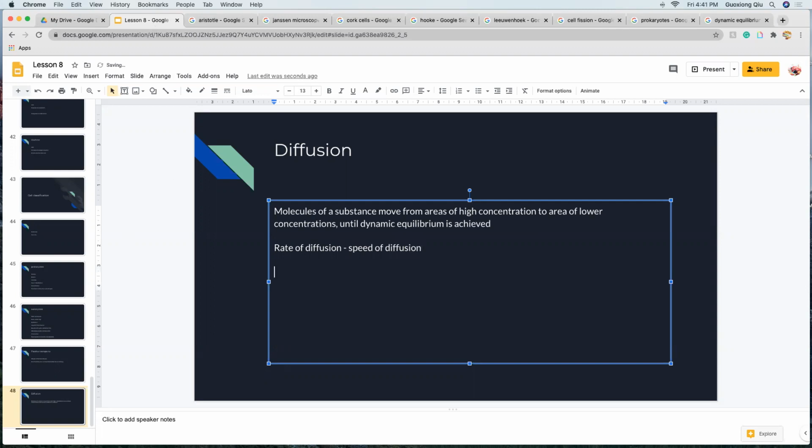Now we need to know things that affect rate of diffusion. Factors include the difference in concentration. Something with a higher difference in concentration versus a lower difference will have a faster rate or speed of diffusion.